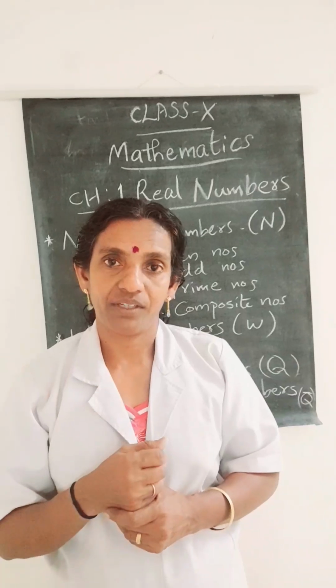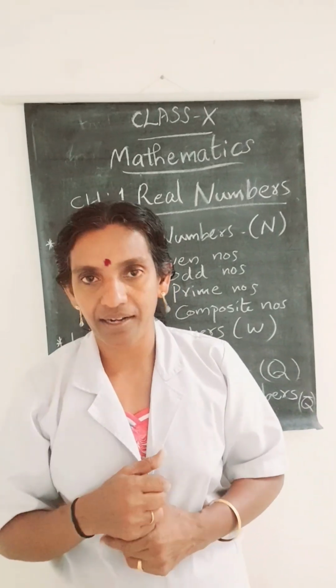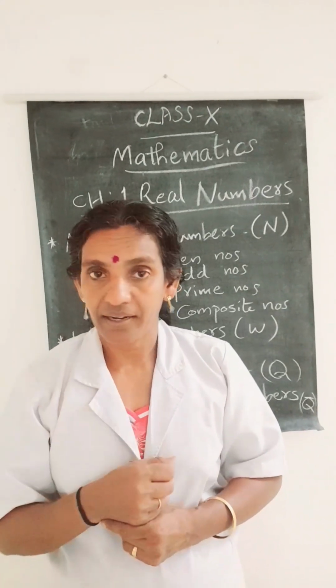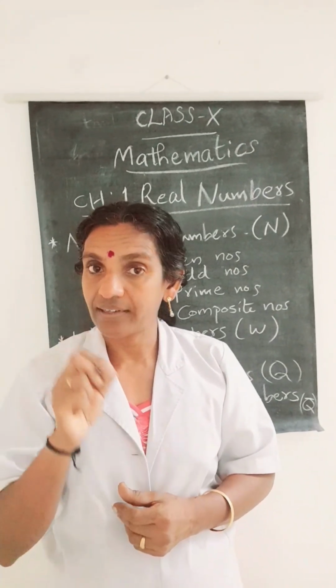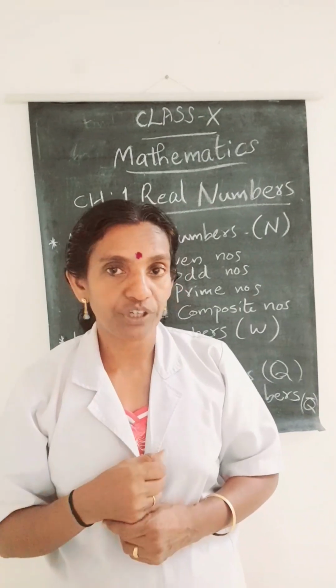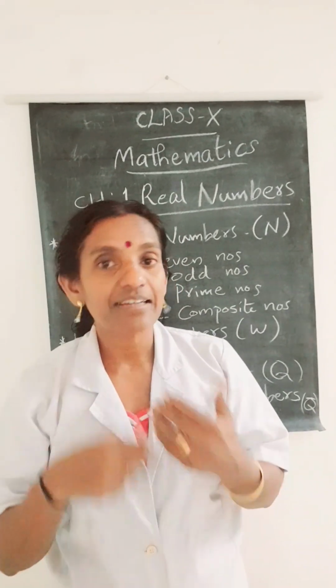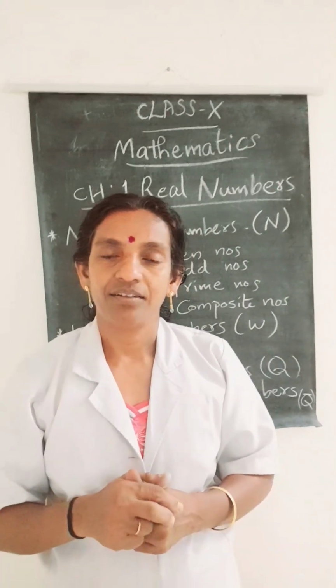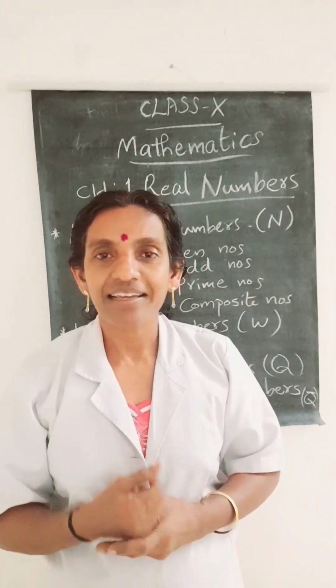Okay, and number line. Number line means a real number line, and all the real numbers you can mark as a point on the number line. In the reverse order, we can say that all the points on the number line represent a real number.